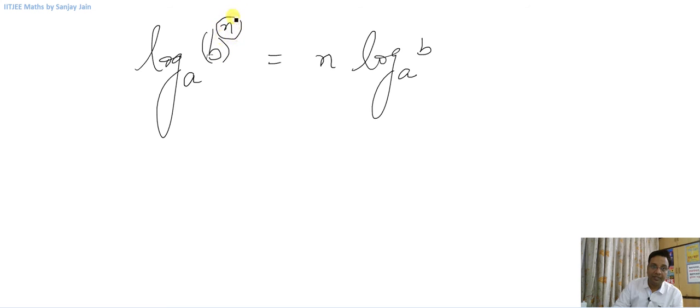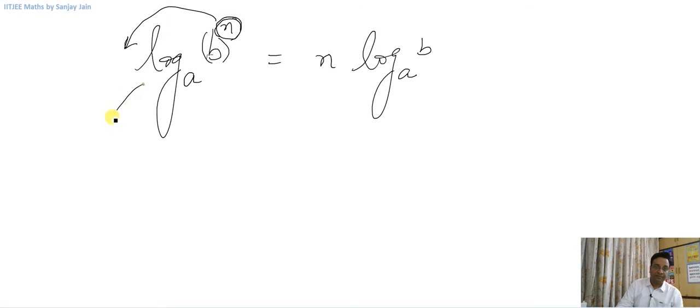Log b to the power n to the base a can also be written as n log b to the base a. That is, the power of the argument, which is n in this case, can be taken outside.